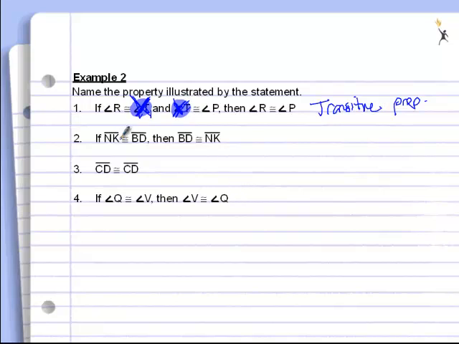Let's look at number 2. They tell me that NK is congruent to BD. Then they flip the statement around and say BD is congruent to NK. It's the exact same statement written in an opposite direction. Almost like it's symmetrical, meaning it's the symmetric property.